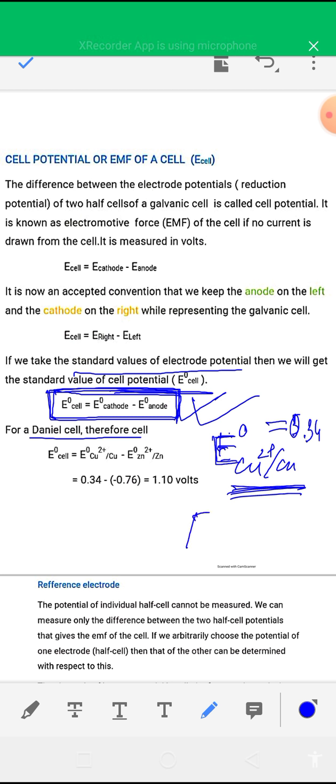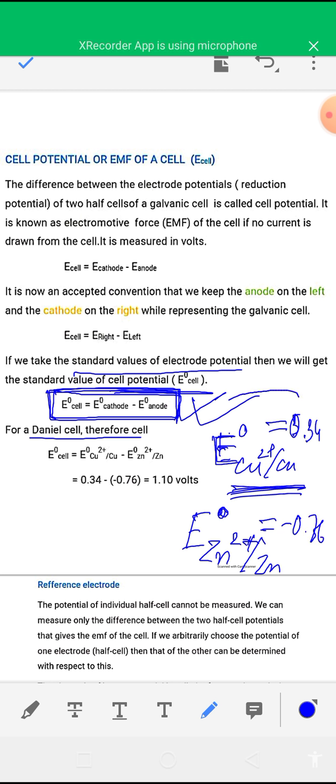And the standard electrode potential of the zinc electrode, which is represented like this, Zn2+/Zn, as a reduction potential, Zn2+ to zinc, it is a reduction. So the standard reduction potential of the zinc electrode, the value is minus 0.76 volt.